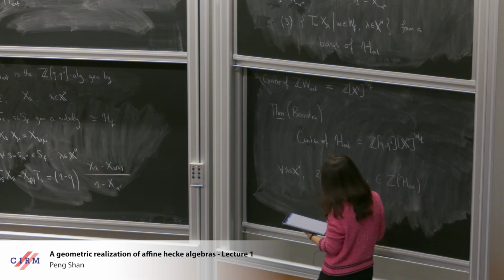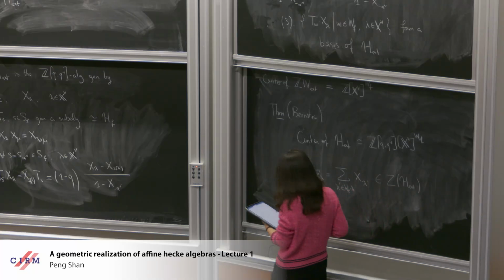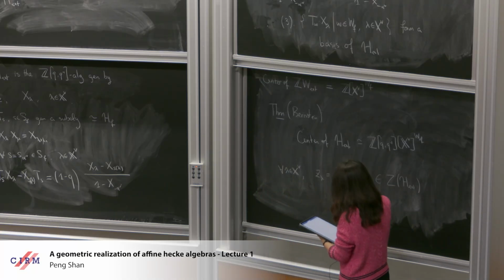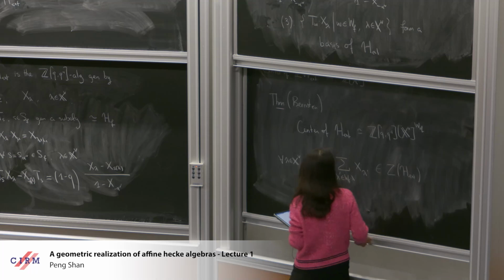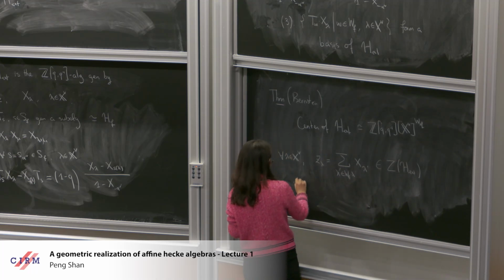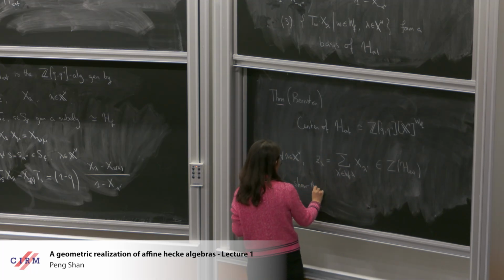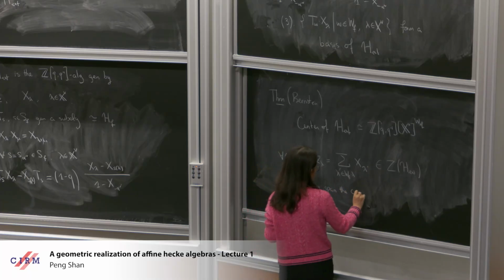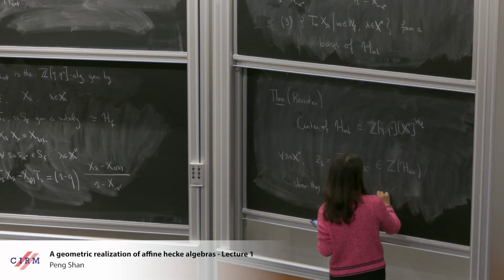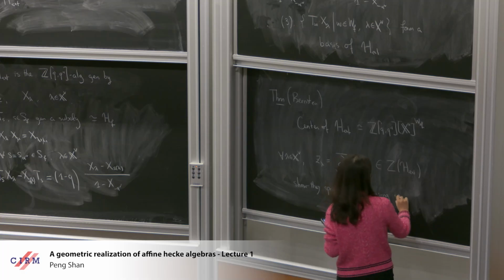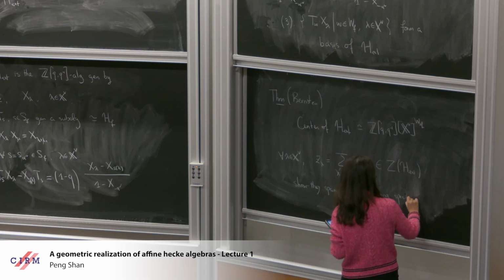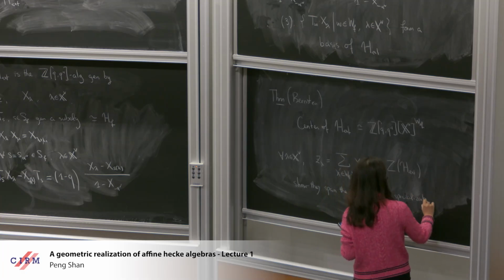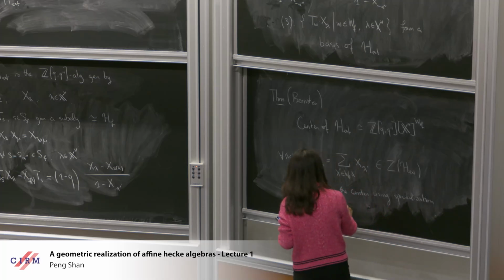And then you show that they span the center using the specialization map at q equals 1.